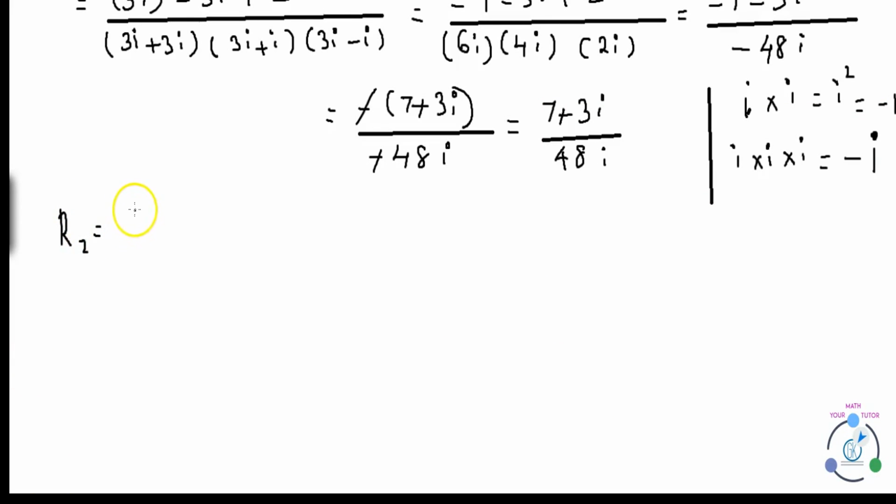To find the residue at z is equal to i, use Cauchy's residue formula: limit z tends to a, (z minus a) f of z. Substitute a is equal to i in the formula.